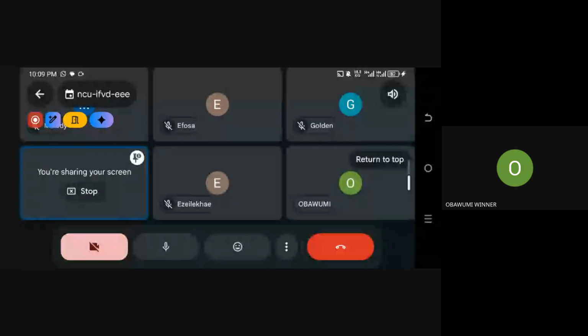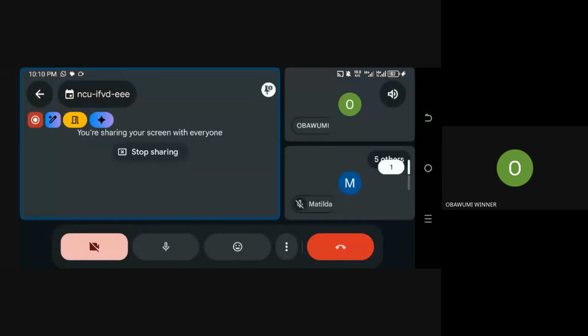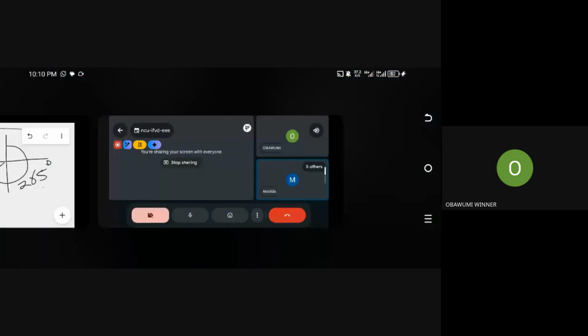Matilda, please pay attention to this so that we can calculate it. It's almost time because I have to take a quick recap of what we've done before we end the class. I will explain why I agree with winner that it's south 85 degrees west.